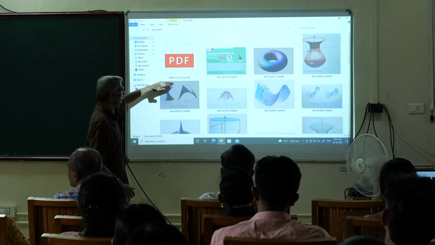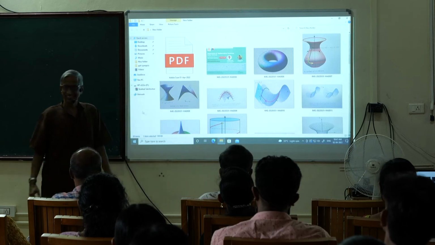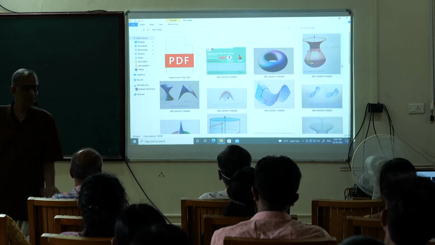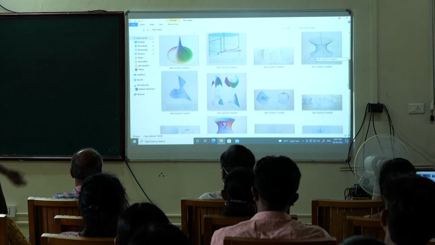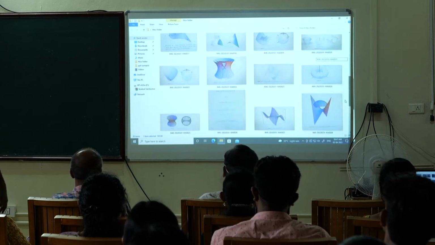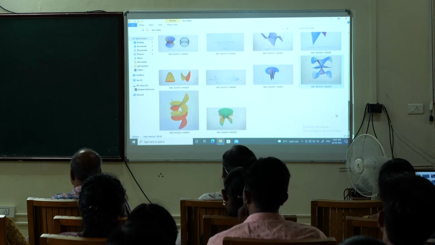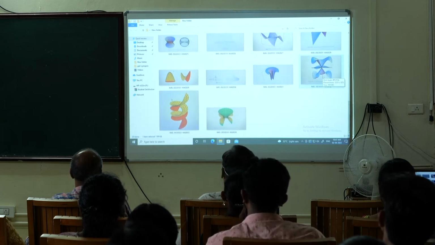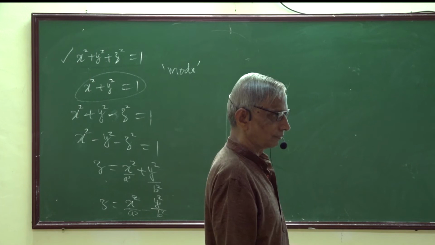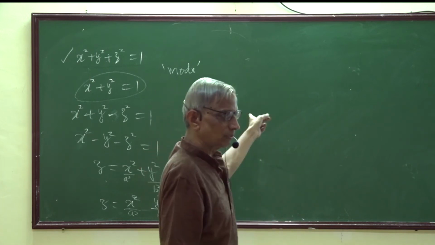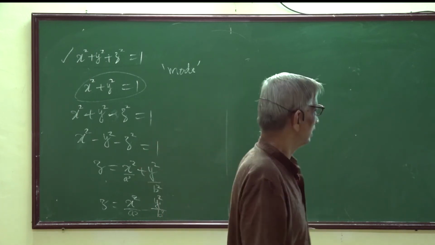The seat shaped like that, with a seat like here, right? You must have seen it. I don't know what you call it. We call it moda. So that's an example of a one-sheeted hyperboloid.